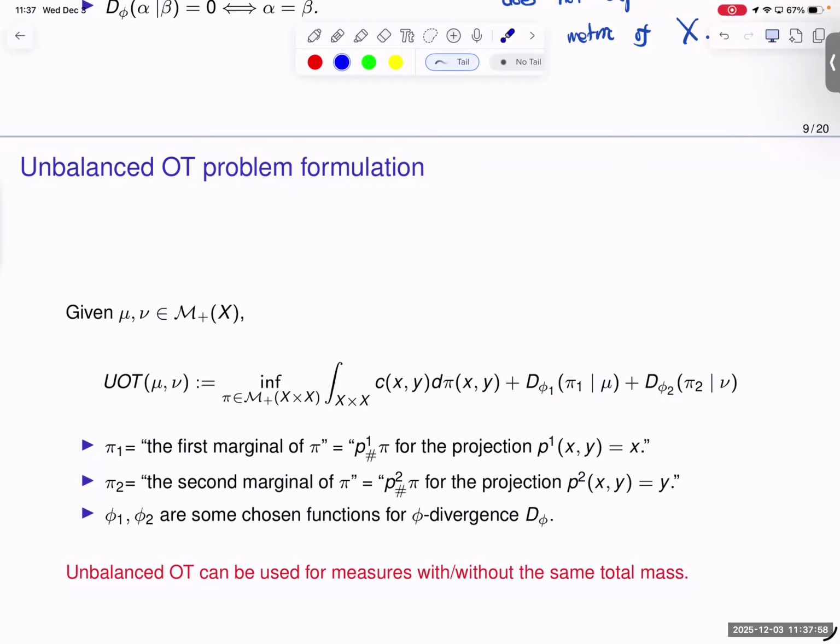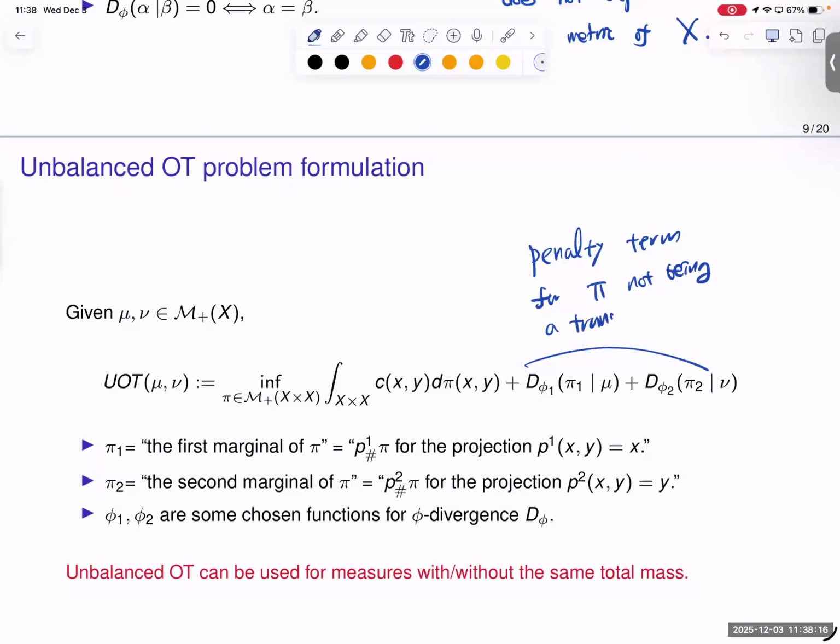So it's kind of relaxing. You can view this as a penalty term for pi not being a transport plan between mu and nu.